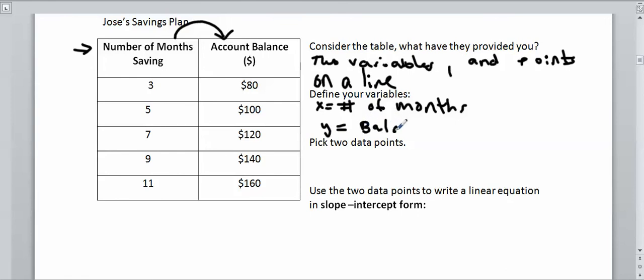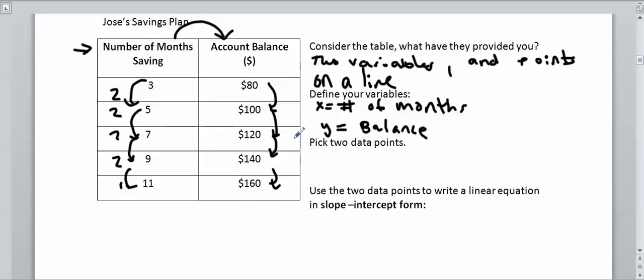Now I want to check. Look here, each time I pick a new month, it's been about 2 months, right? I go from 3 to 5, 5 to 7, 7 to 9, 9 to 11. So this is going up at a constant rate. And every time I go up, the account balance is going up by 20. So this is a linear equation.